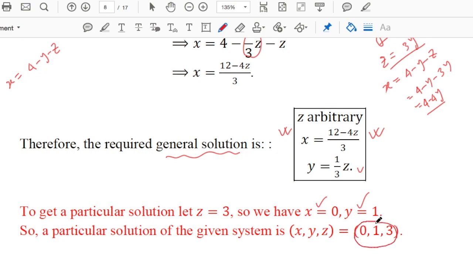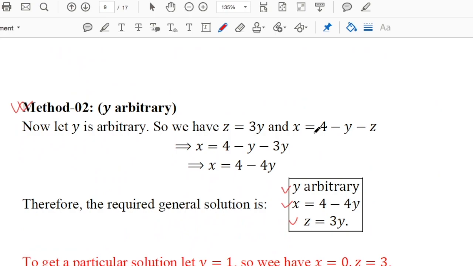So you see, this general solution and this general solution will always give you the same particular solution.